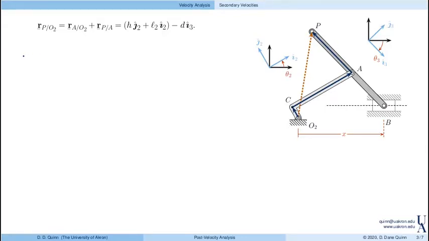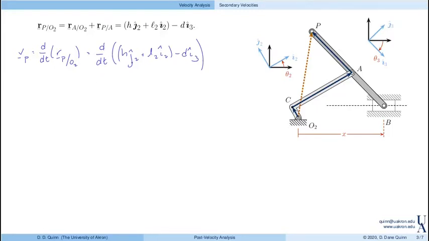If we want to calculate the velocity of P, we write that as the derivative of the position of P. So that's going to be the derivative of r of P with respect to O, which again, in terms of link 2 and link 3 is h in the J2 direction plus L2 in the I2 direction. That's link 2, minus d in the I3 direction.